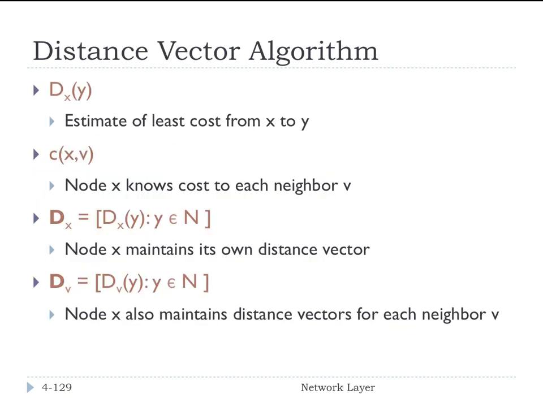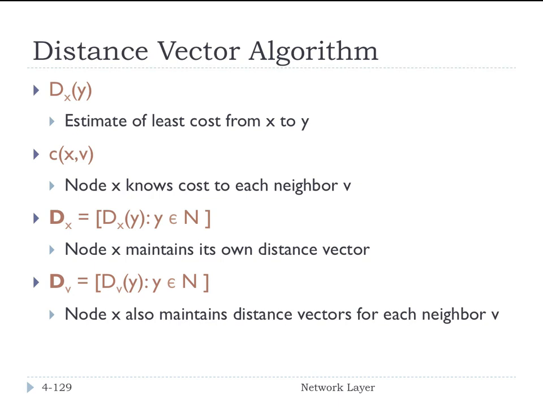Perhaps we should have started from this as another summary of our notation. This is our estimate of the least cost from x to y. This is going to be our part of the distance vector. This is the cost of a node to a neighbor, x and v, where x and v are neighbors. And each node is going to maintain its own distance vector.